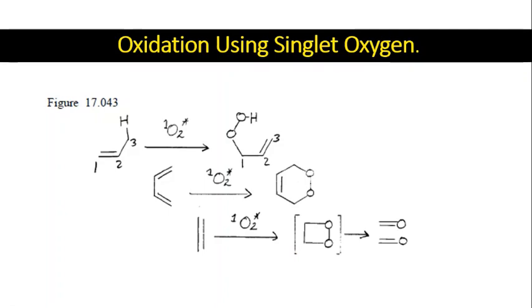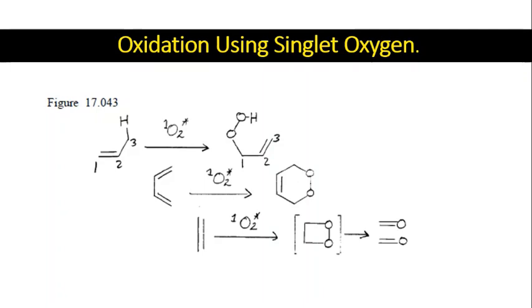In the third product, you see that sometimes it is possible that it reacts end to end and results in a four-membered dioxetane ring. This four-membered ring, we studied last semester, is highly unstable.